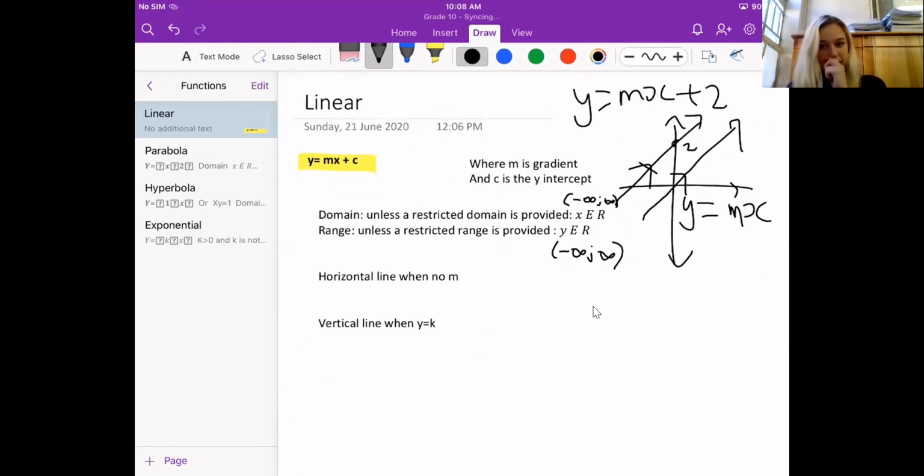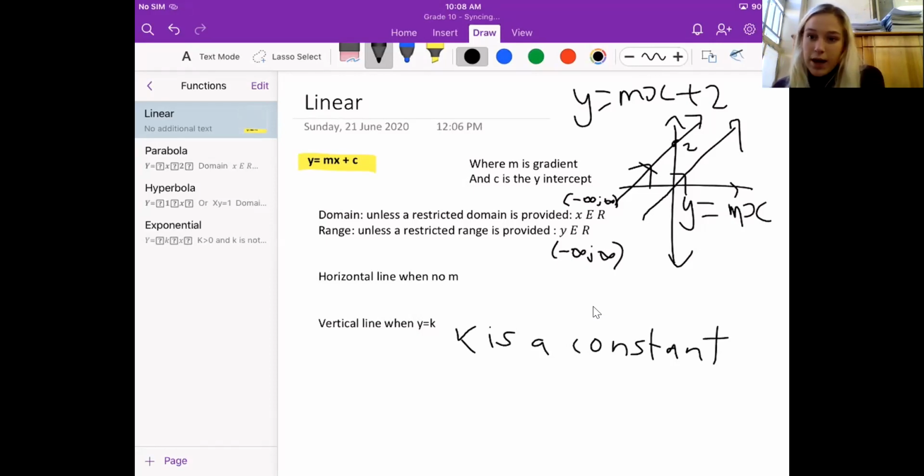Okay, when we have no gradient, our function will be a horizontal line. And when we have a gradient, it'll be at a slant. And then when we have a vertical line, we just call it y equals k, where k is a constant. So k has to be a constant in order for us to know it's a line. So even if it was y equals 2, y equals 3, we'd be able to draw that.